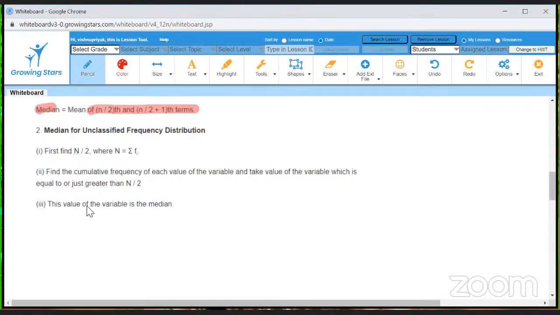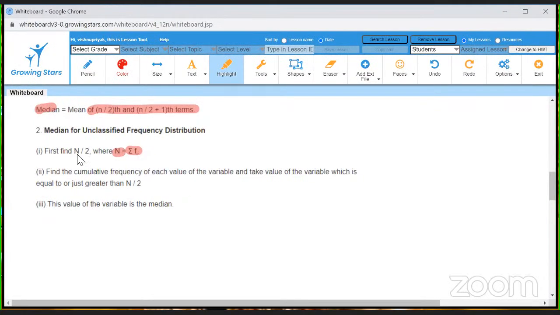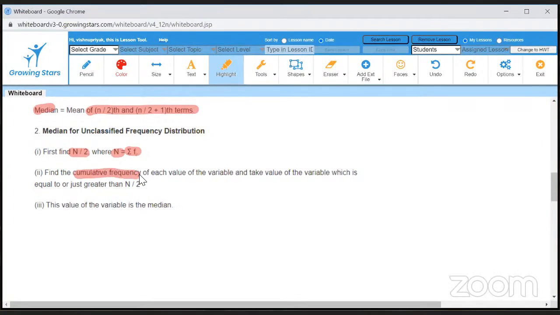But if you have classes, how to find the median? First, you find sigma fi, that will be n. Then find n by 2. Next, find the cumulative frequency column.